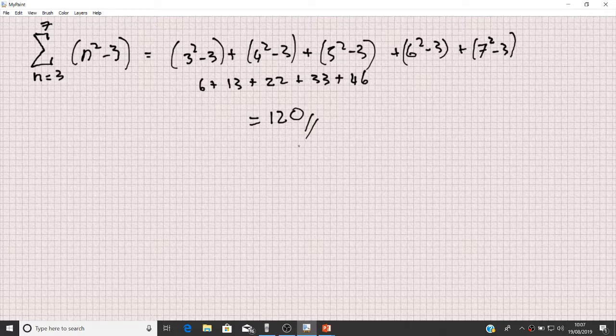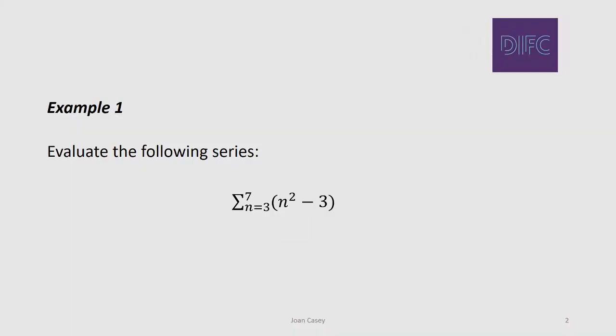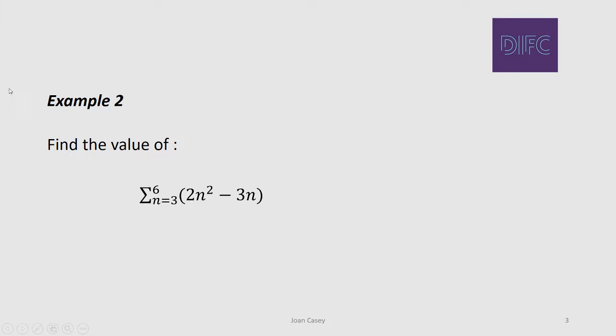The next example we'll look at, again, is just another summing exercise, and this time we want to find the value of the series, which is given by the sum from n equals 3 up to n equals 6 of 2n squared minus 3n.